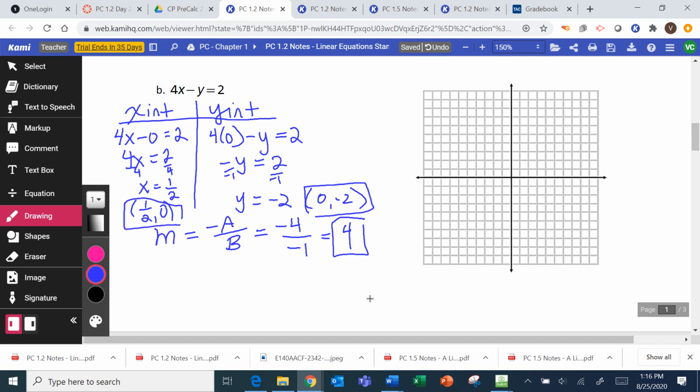Okay? Graphing it, 1/2, 0, well, that'll be in the half spot. 0, negative 2. And then I'm going to use my slope. I'm going to start at the integer to go up 4 over 1. I'm not going to worry about that fraction. Up 4 over 1. But as soon as I do that, I can tell that that half, 0, that is on the line too.